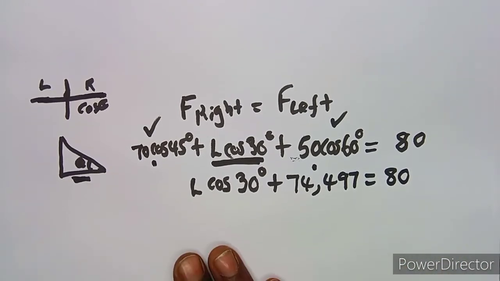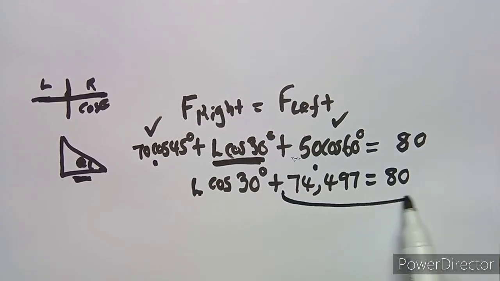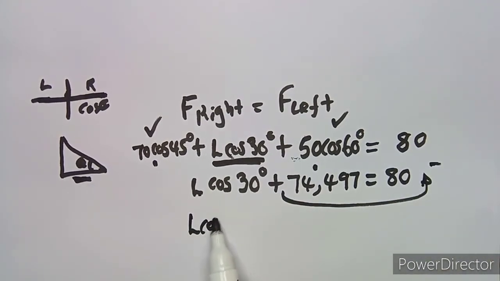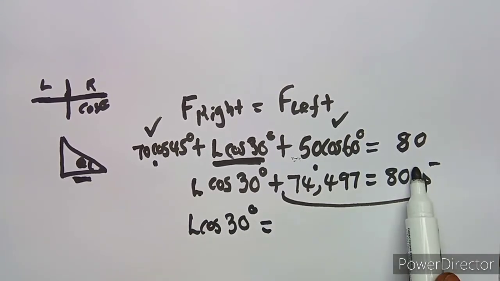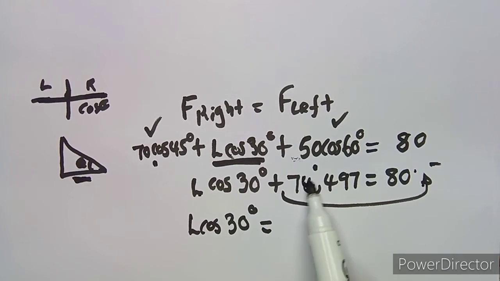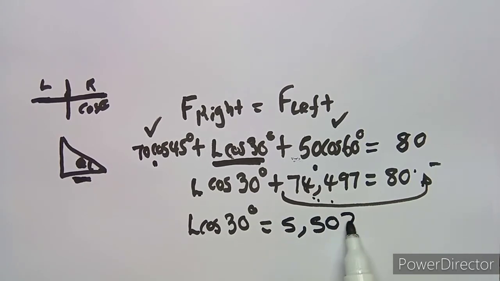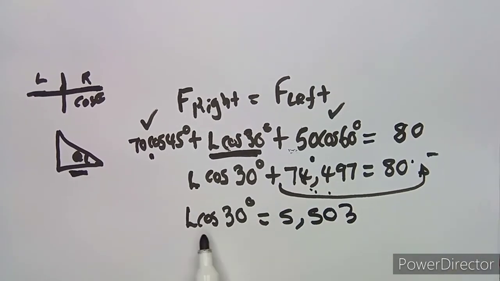All right. So since we want to calculate L, you can transpose this so that it becomes a negative. So it's going to be L cos 30 degrees, which is equal to 80 minus this value here. 80 minus this value is going to give you 5.503. So to find L, since this is multiplying, we can divide by cos 30.